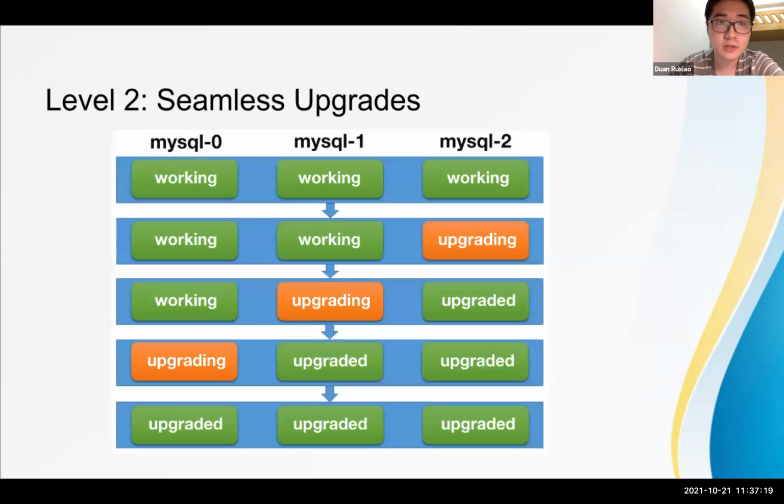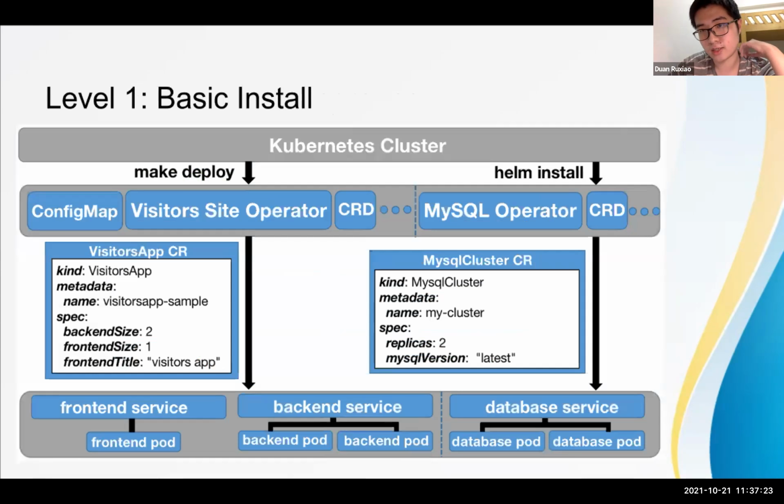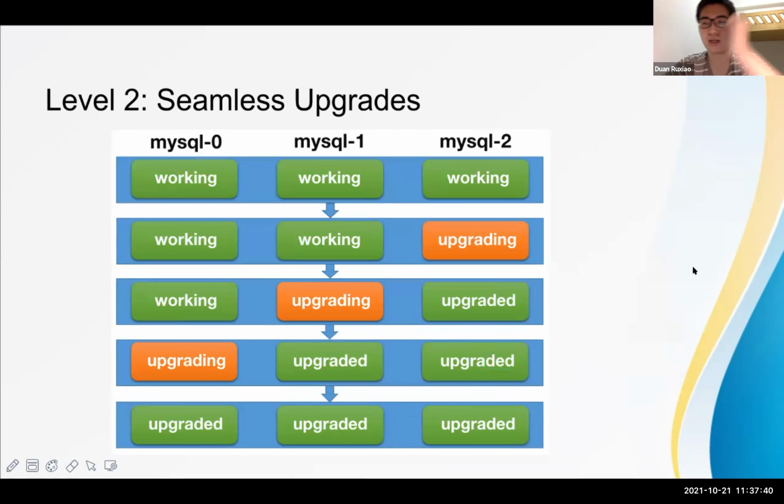So the second level is upgrades. Upgrades is similar to install. We can just apply a new CR for upgrades. For example, we just change some attributes here, and then the system will be upgraded. But what's special here is the MySQL version, because we do not want our system to experience any downtime or data loss.